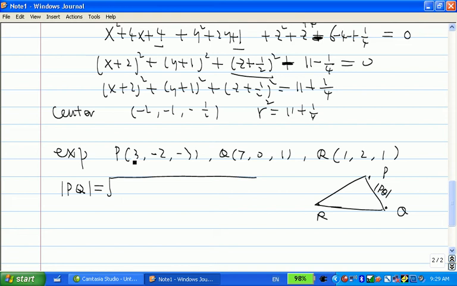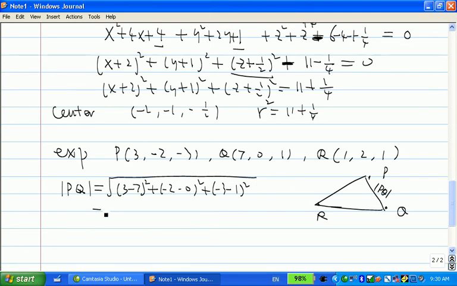Look at point P and point Q. So it's 3 minus 7. It doesn't matter, 3 minus 7 or 7 minus 3, you're going to take a square. Plus minus 2 minus 0 squared, plus minus 3 minus 1 squared.